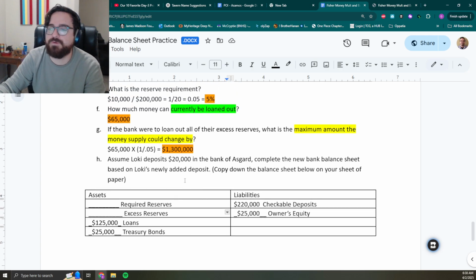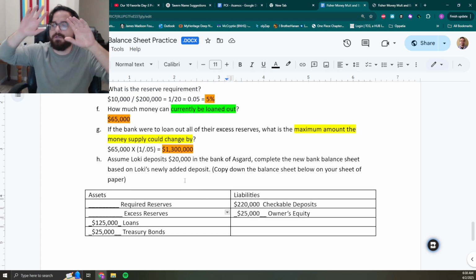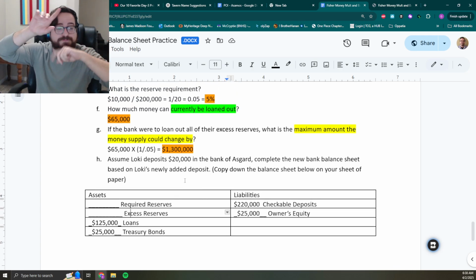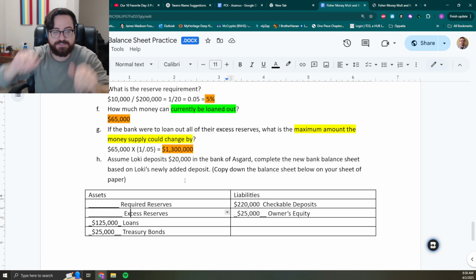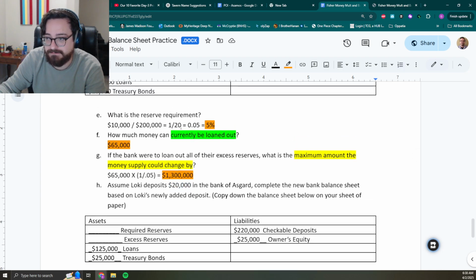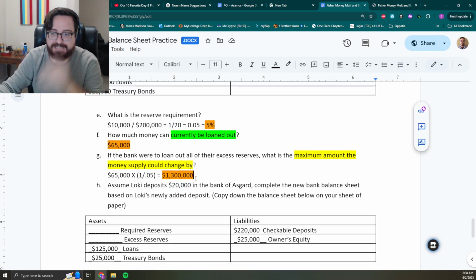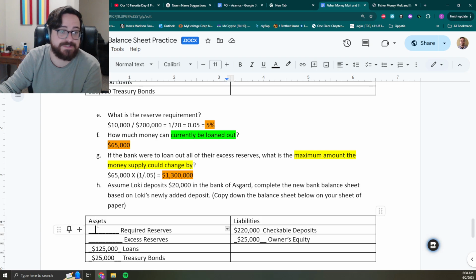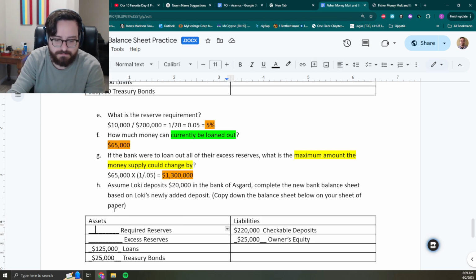Okay. And this is where the split logic happens. The $20,000 deposit, how much of that goes to the required reserves and how much of that goes to the excess reserves? That's how we logic this out. So of that $20,000 deposit, I know that 5% of it, 1/20th, has to go to the required reserves. The nice part here is I gave you numbers that were easy. A 20th of 20 is 1,000.